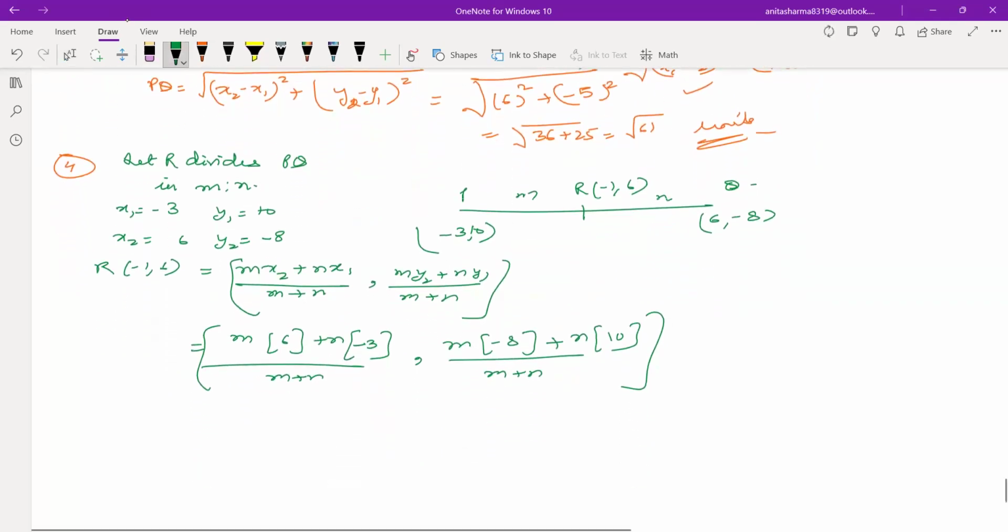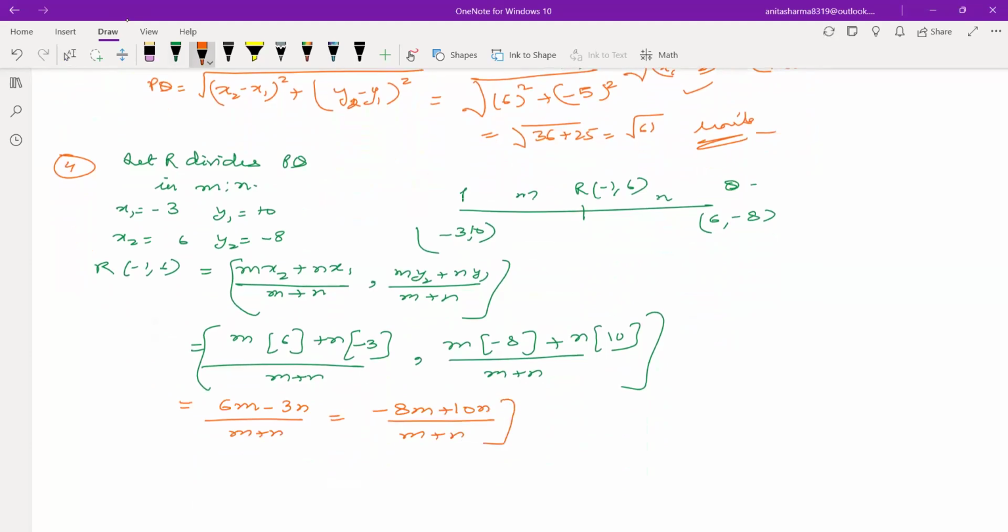So now you will write them like this: 6m minus 3n upon m plus n, comma minus 8m plus 10n upon m plus n, is equal to minus 1, comma 6.